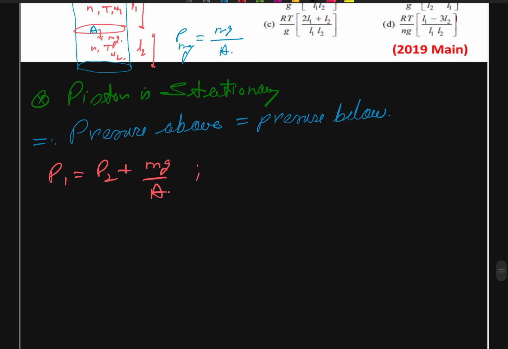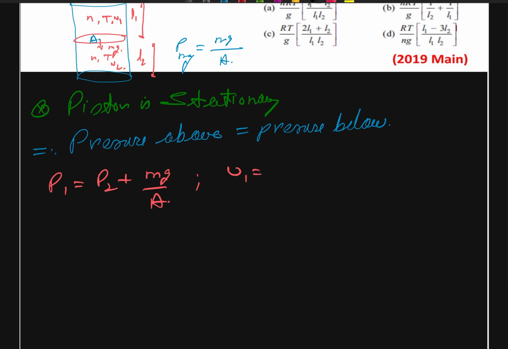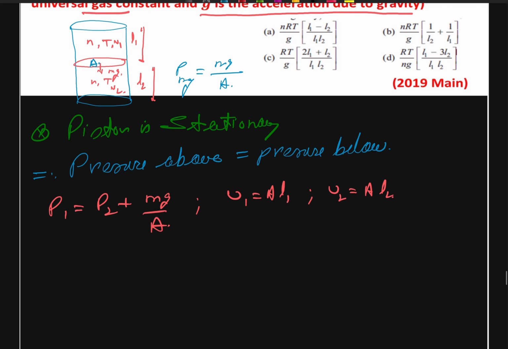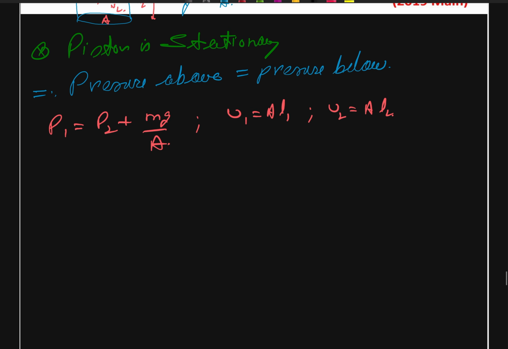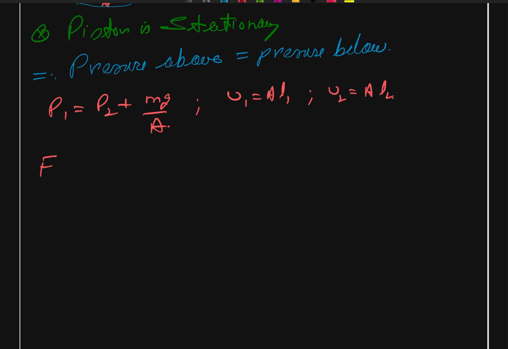Therefore volume V1 will be equal to area into L1, and V2 will be equal to area into L2, because the area of the cylinder will be the same. Now from the ideal gas law, PV is equal to nRT.